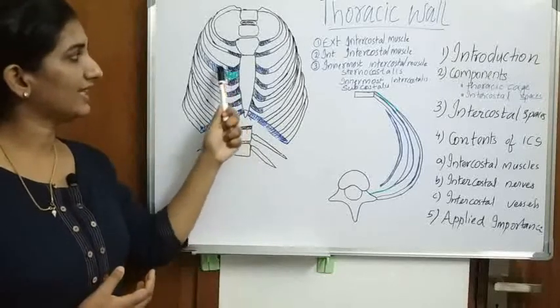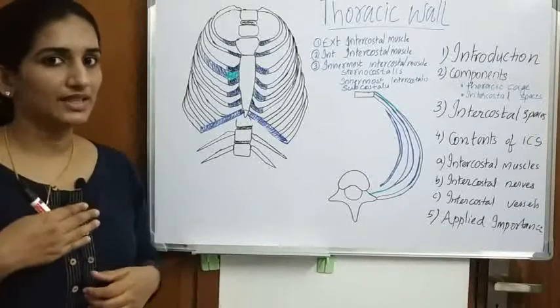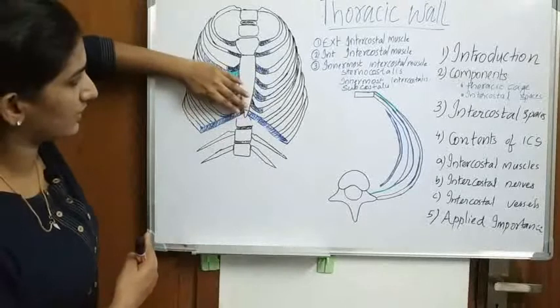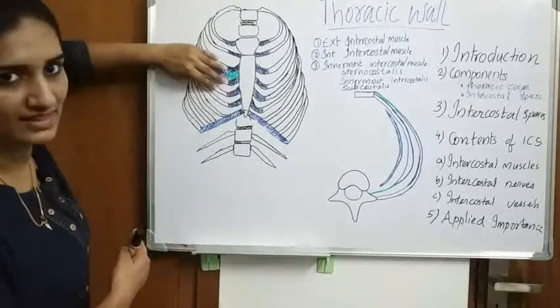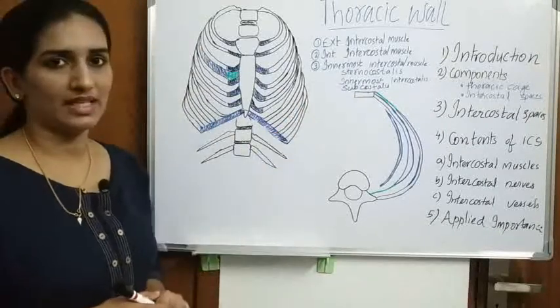Then they get inserted into the 2nd to 6th ribs. So they originate medially and get inserted laterally. So that is about the sternocostalis muscle.